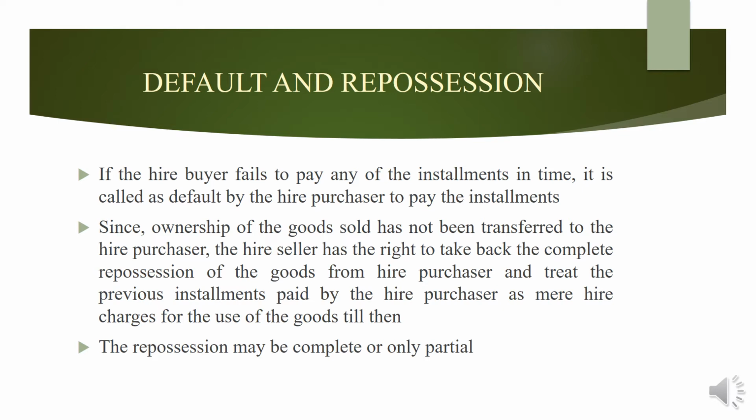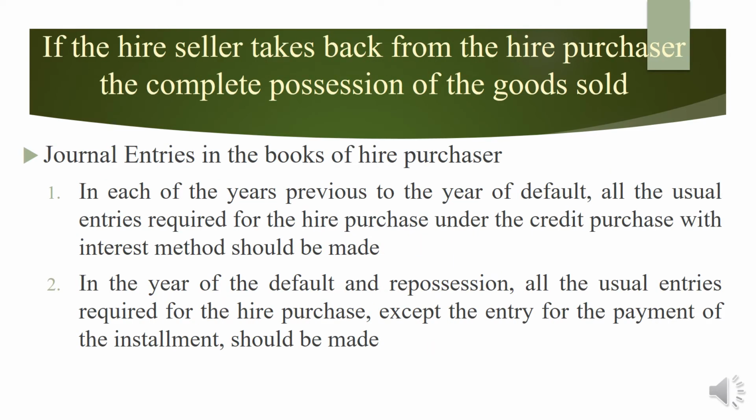The repossession, as I told you earlier, may be a complete repossession or partial repossession. Let us discuss the journal entries in case of complete repossession of the goods sold. In the years previous to the year of default, all the usual entries are passed, the same as in a problem where there is no default and repossession.